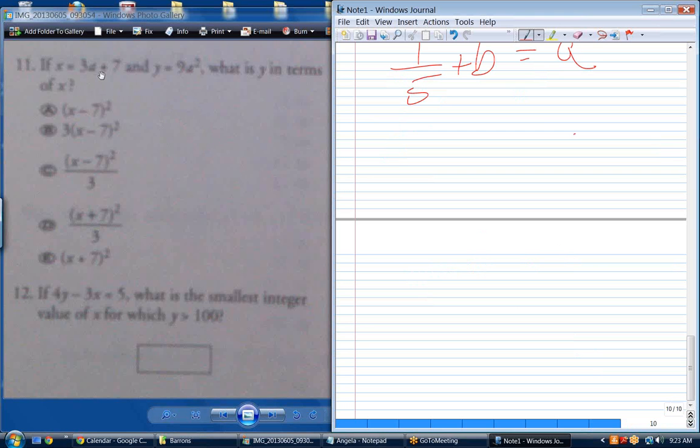x is equal to 3a plus 7, and y is equal to, what is that, 9a squared? Let me just look in my book. Yeah. So what is y in terms of x?